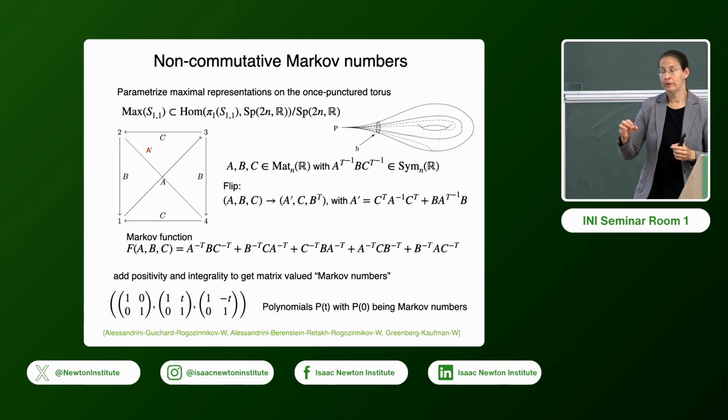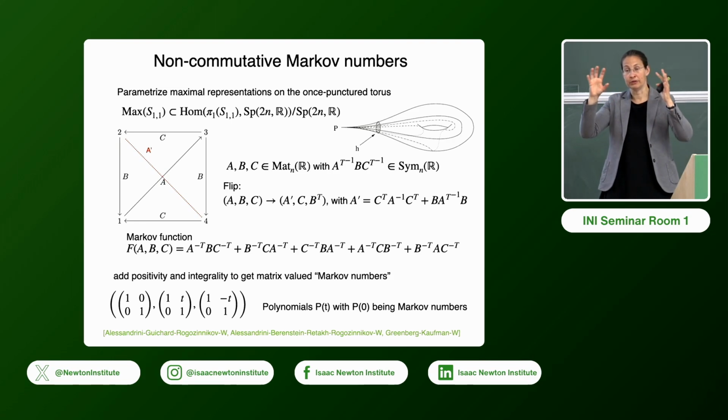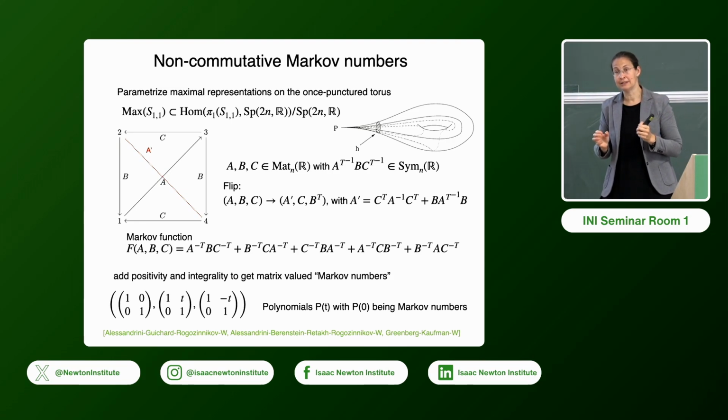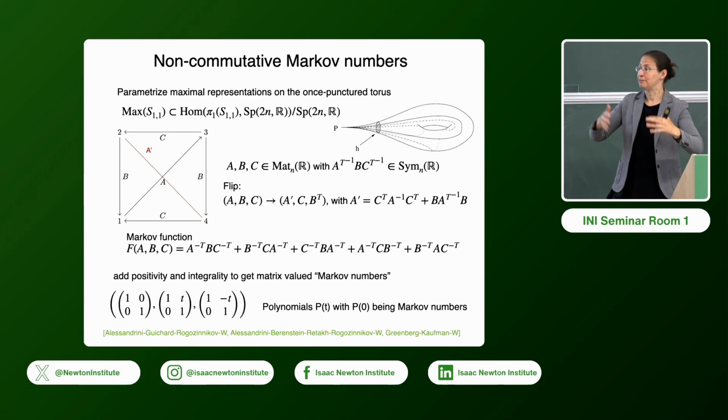So when we look at this space of maximal representations in the symplectic group, we have this notion of positivity in the space of Lagrangians, and we saw that the symmetric space for the symplectic group, the Siegel upper half space, is like the upper half space but over matrices.